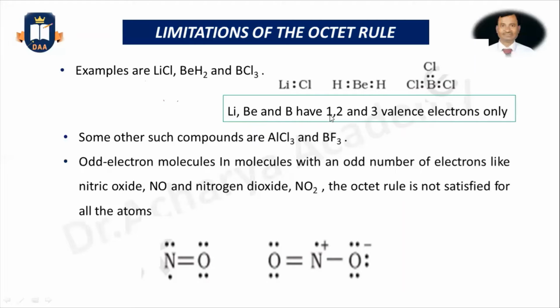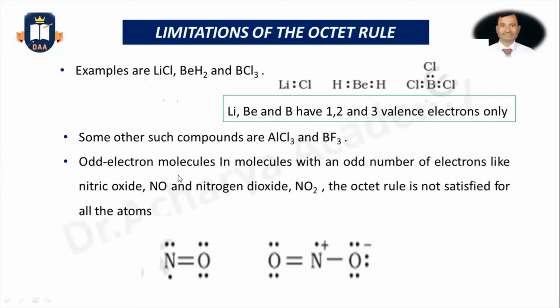For beryllium it is 2, and for boron the valence electron is 3. So all these 3 elements, lithium, beryllium, boron, have less than 4 valence electrons. Some other such compounds are chloride of aluminium, AlCl3, and fluoride of boron, BF3.